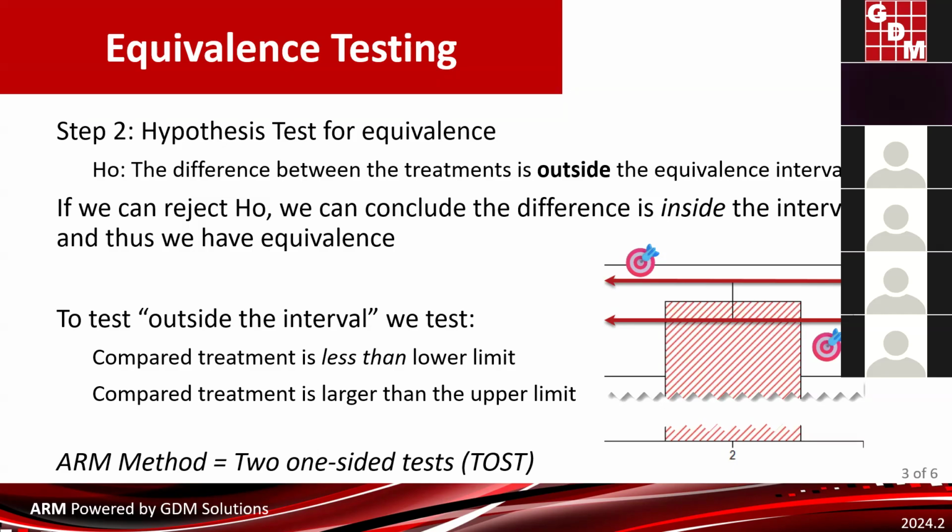So we've got to do two different tests. Those are the little bullseyes there on the picture. Is our compared treatment lower? Does that come in lower than that lower bound? Or does it come in higher than the upper bound? So in ARM, we call that the two one-sided tests, or TOST, which is just the name of the routine, essentially, statistically, that is done here.